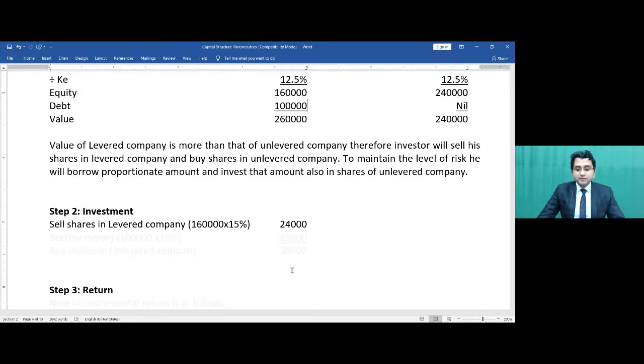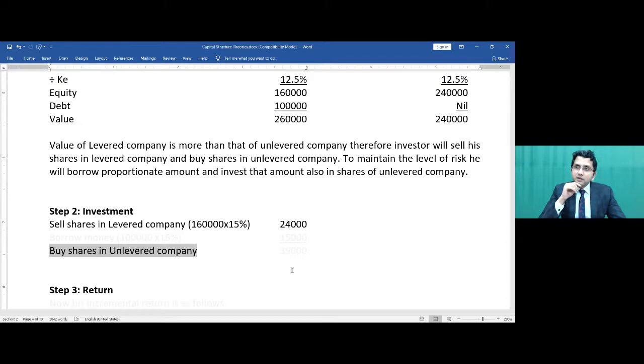But you are holding just 15% shares. 1,60,000 multiplied by 15% will give you a value of 24,000. So by selling these shares in levered firm, you'll get 24,000 rupees in your pocket. Now I should say that buy shares in unlevered company with this amount of 24,000, but I won't say that.